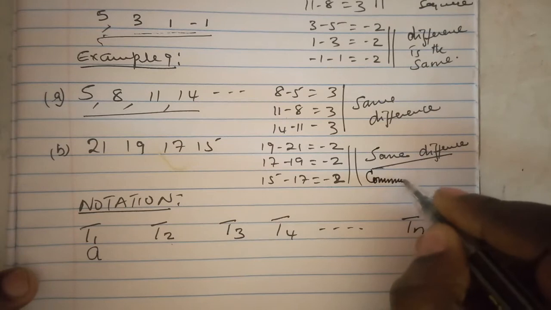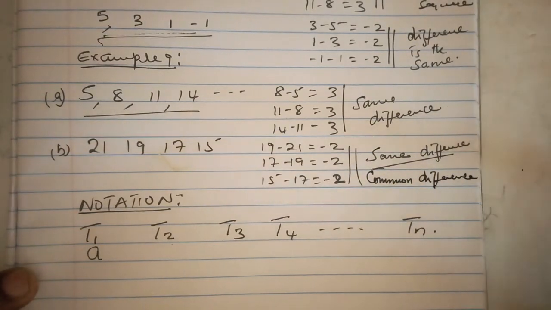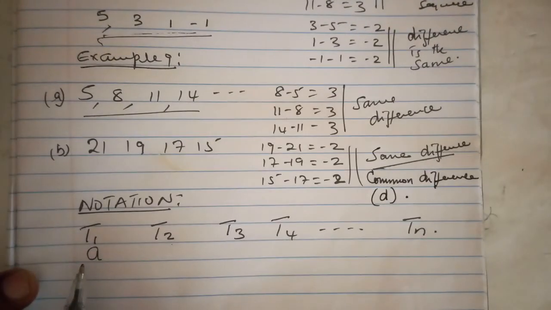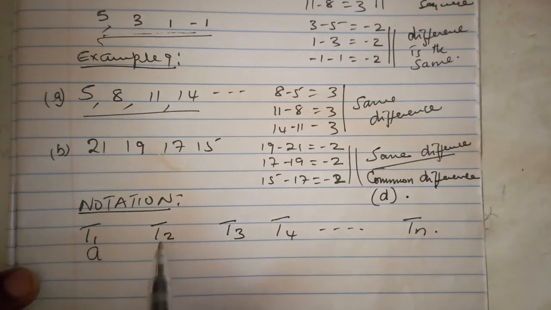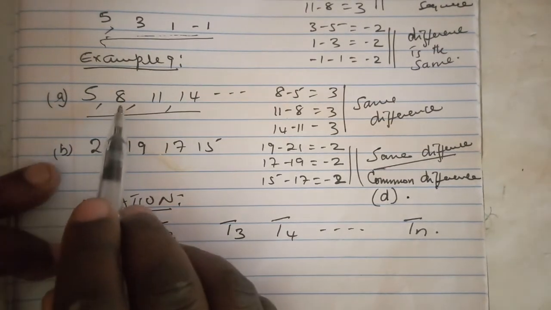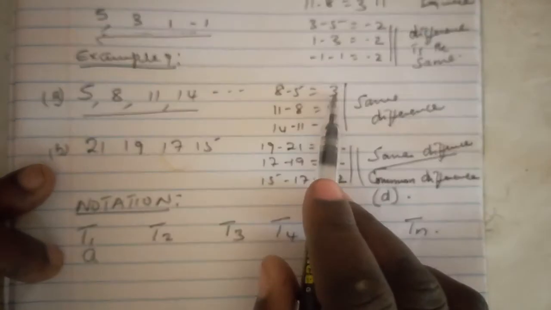Common. We call it common difference, or d. So if you want to get from the first term to the second term, you must add d, because term 2 minus term 1 is the common difference, is d.